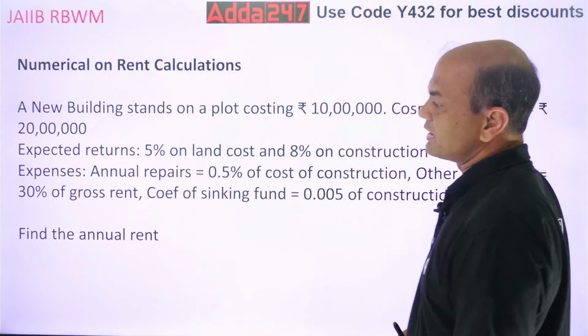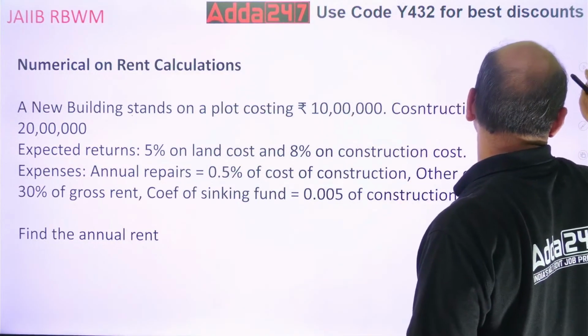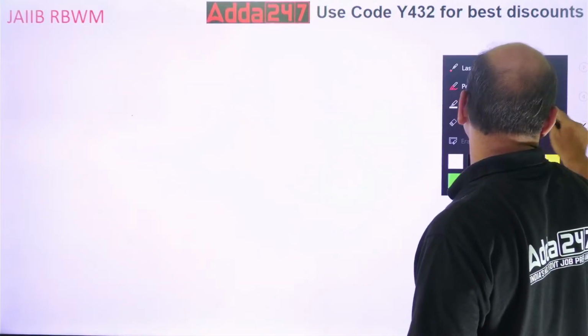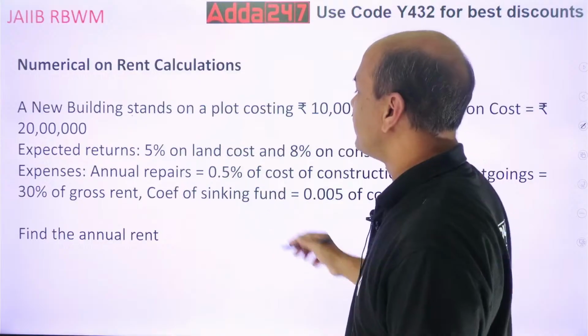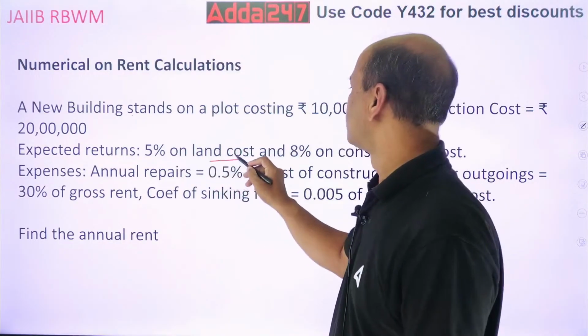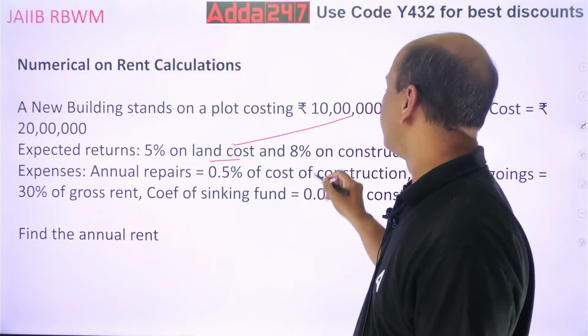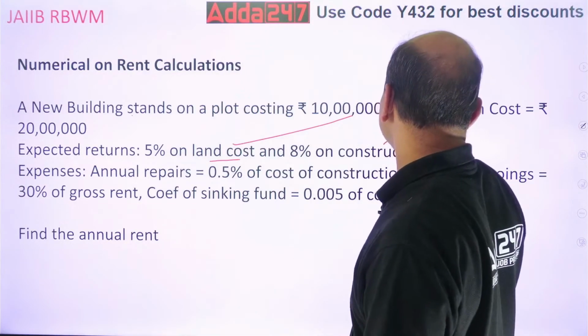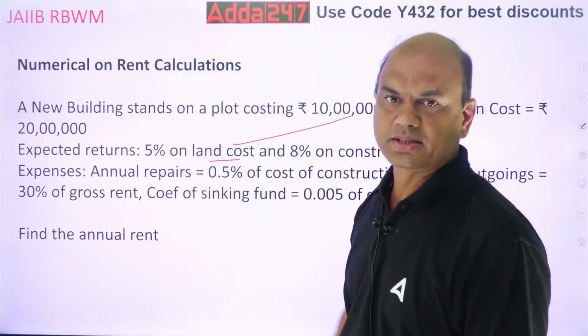First find out the expected returns. What are the expected returns? 5% on land cost, and what is the land cost? 10 lakhs. And 8% on construction cost. What is the construction cost? 20 lakhs.